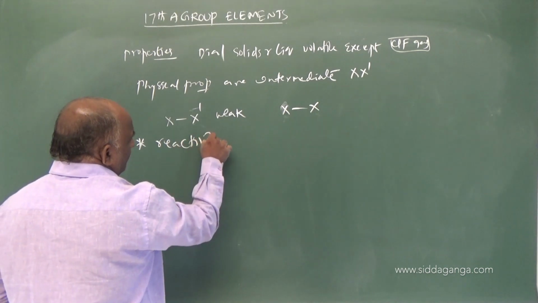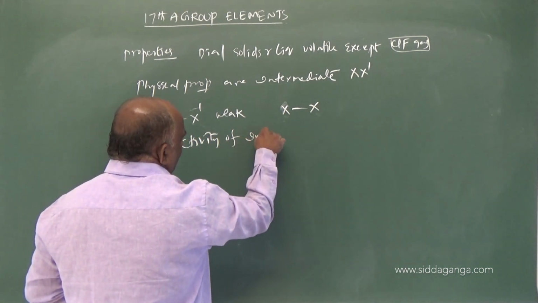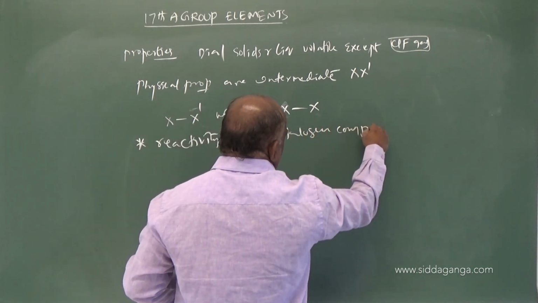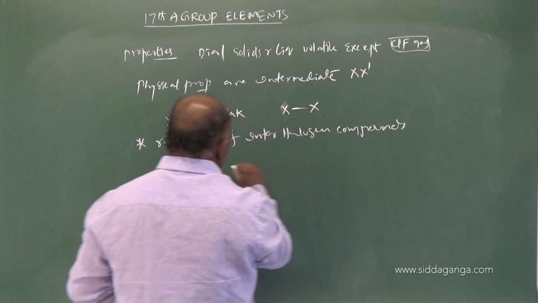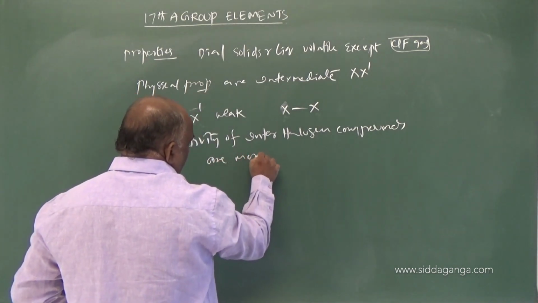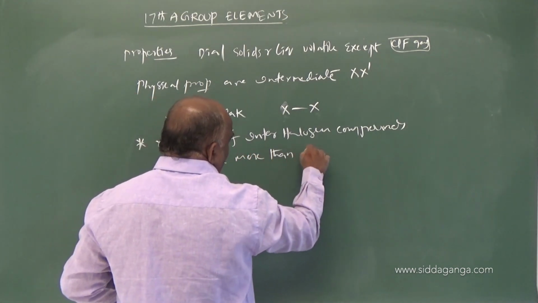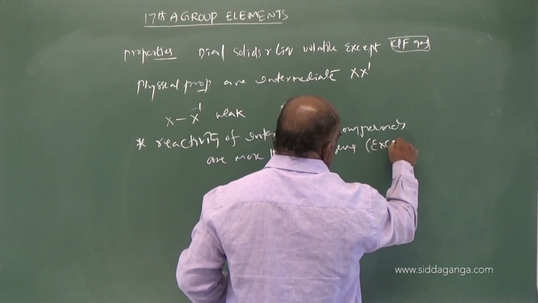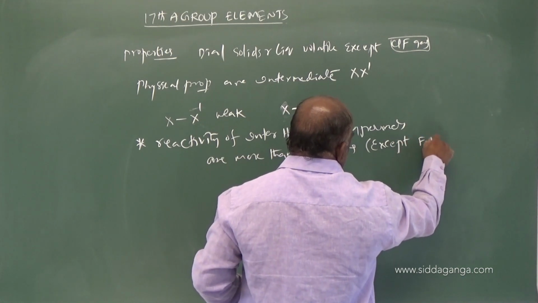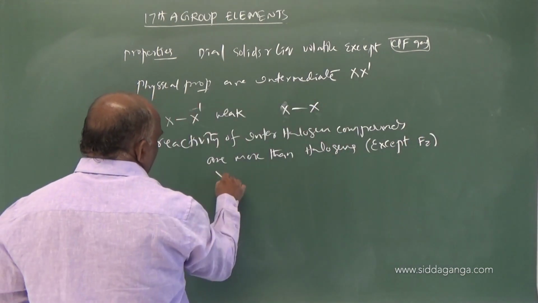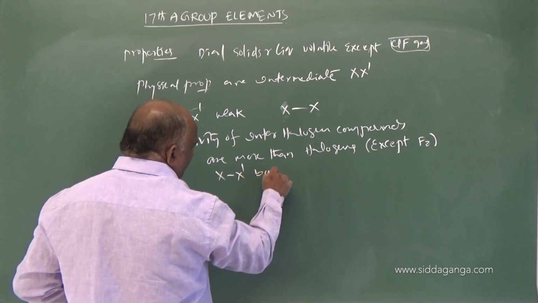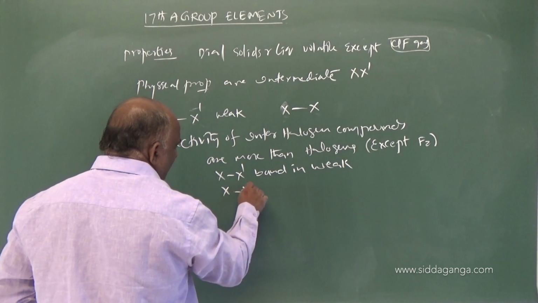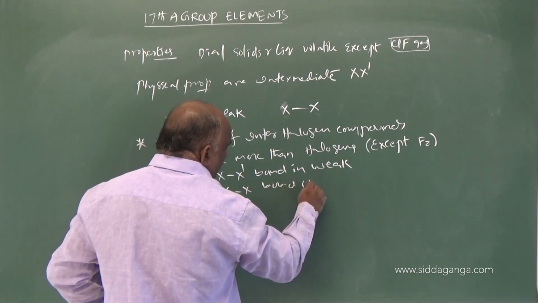Reactivity of interhalogen compounds is more than halogens except fluorine, and the XX dash bond is weak, the XX bond is strong.